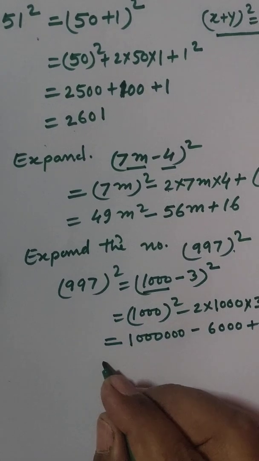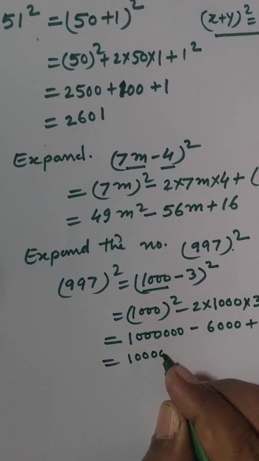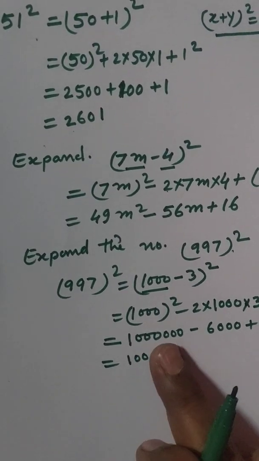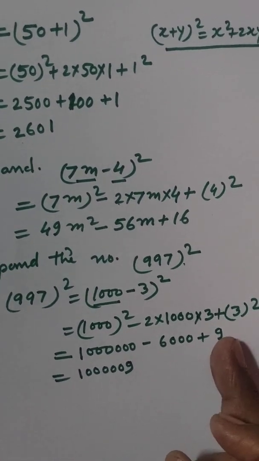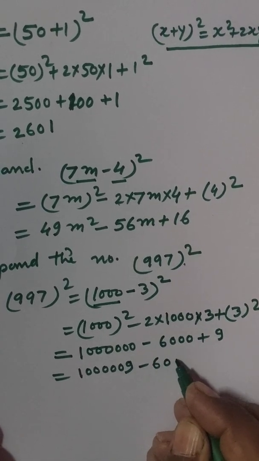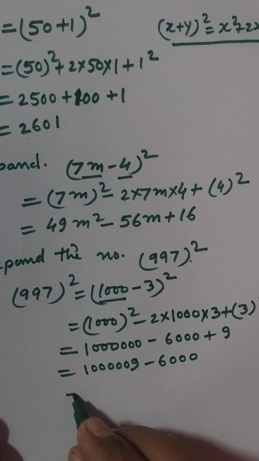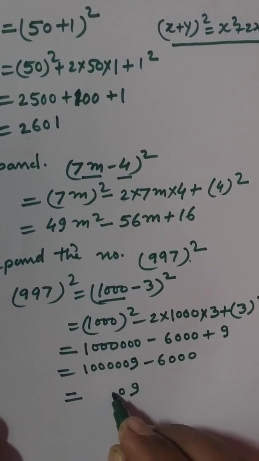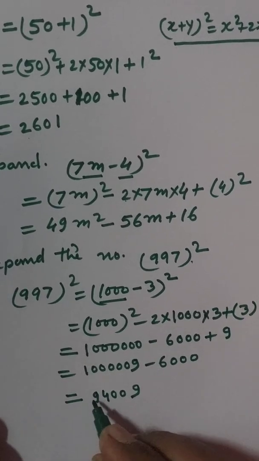Then what you get? If you simply write this much, firstly add this and this number, then what you get? And minus 6000. Okay, then here you are getting 9 0 0 4 9 and 9.